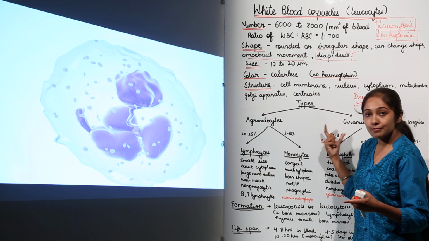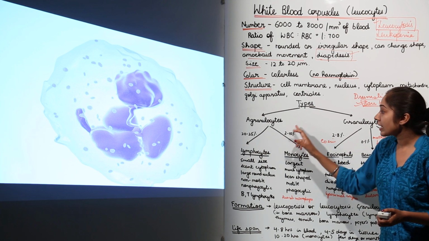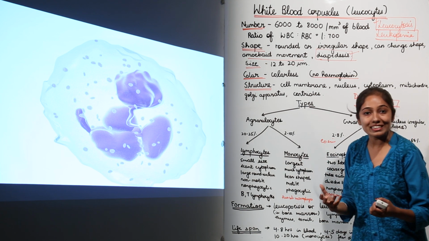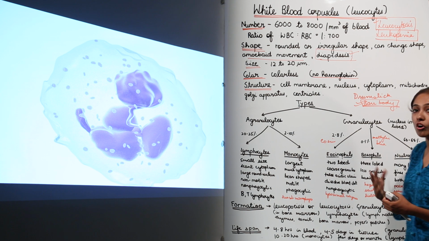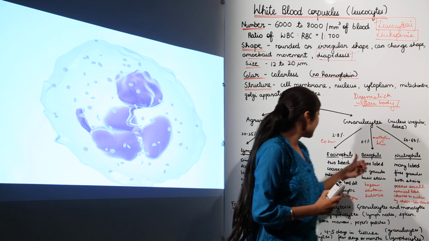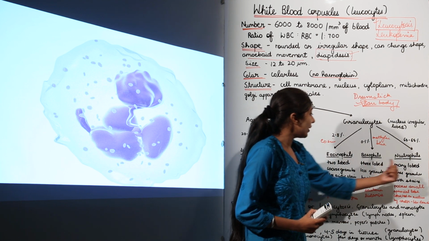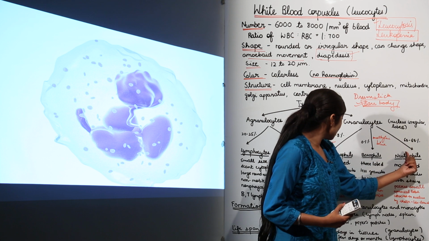Then there are two types, agranulocytes and granulocytes. Agranulocytes are lymphocytes and monocytes. They do not have granules in the cytoplasm, and in granulocytes we have three types based on their staining properties, that is eosinophils, basophils and neutrophils. Out of these three, neutrophils are the most abundant cells, 60 to 65%.